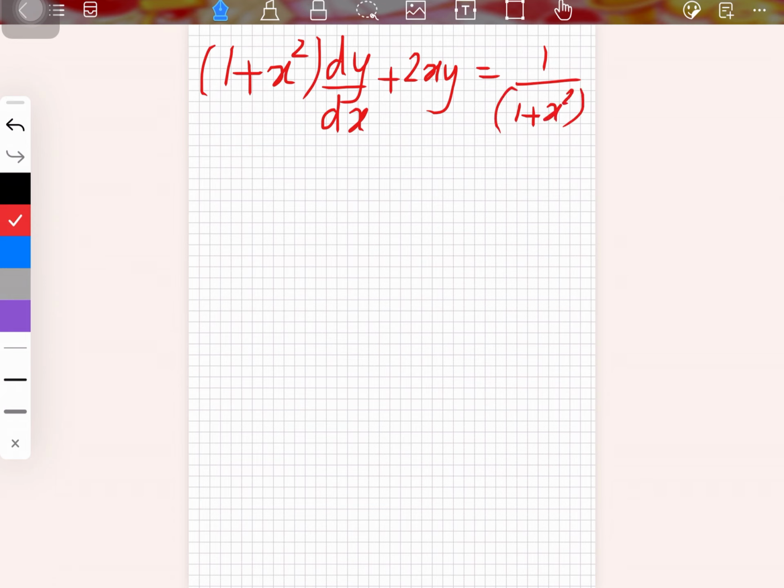What I told was that we need to make the coefficient of dy over dx as 1. So for that we have to get rid of it. How can we do it?